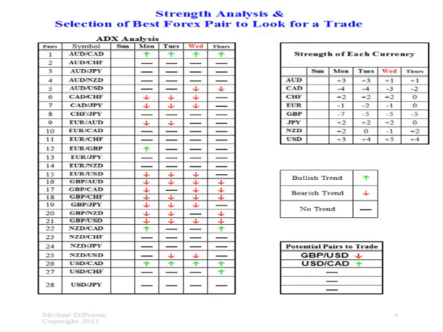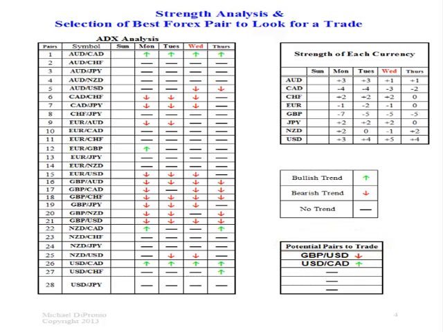We consolidate the information from the ADX table and note the strength of each currency in the table in the upper right. The strength can range from 0 to +7 for bullish, or from 0 to -7 for bearish. And in the lower right-hand corner, we'll list the Forex pairs that may be setting up for a trade.